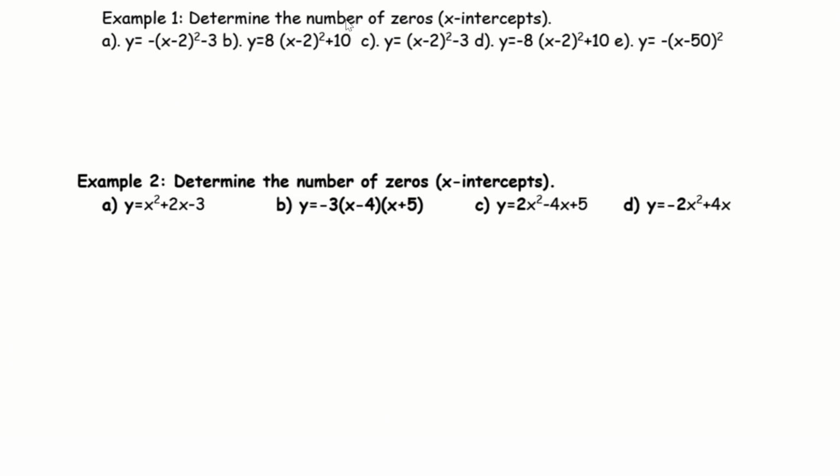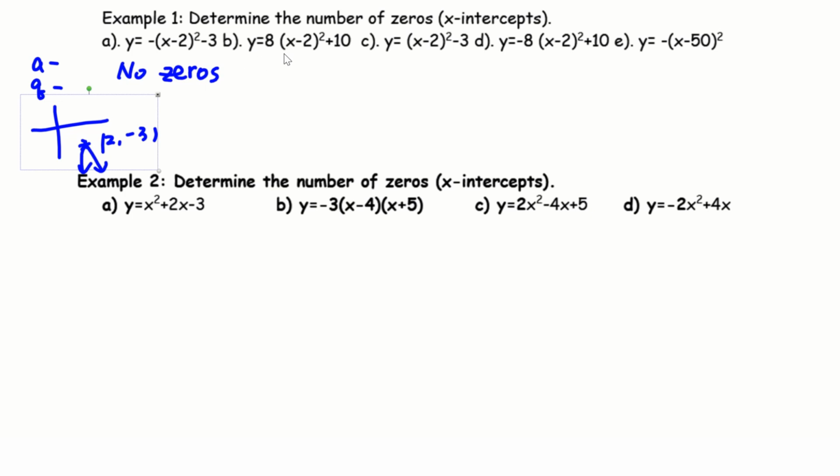So this is a vertex form. This one, a value is negative, q value is negative. It means you have 2, negative 3 here and it opens down. So it means there are no zeros, or 0 zeros.